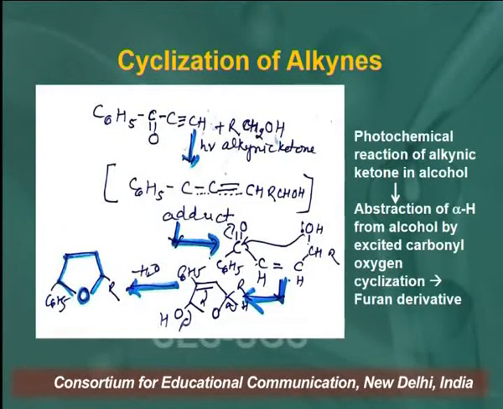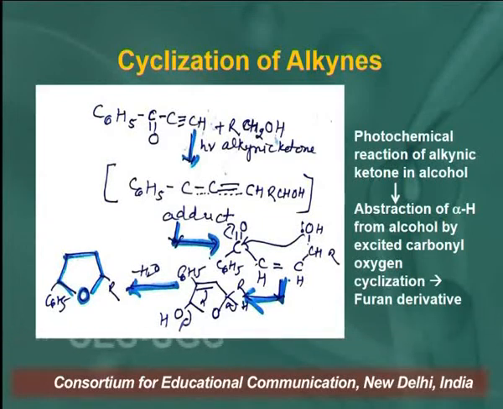Another very important synthesis is the cyclization of alkynes. Here it is a photochemical reaction. It means the reaction takes place in the presence of UV light. The alkyne absorbs a photon from the light, in the reaction of an alkynyl ketone in alcohol.